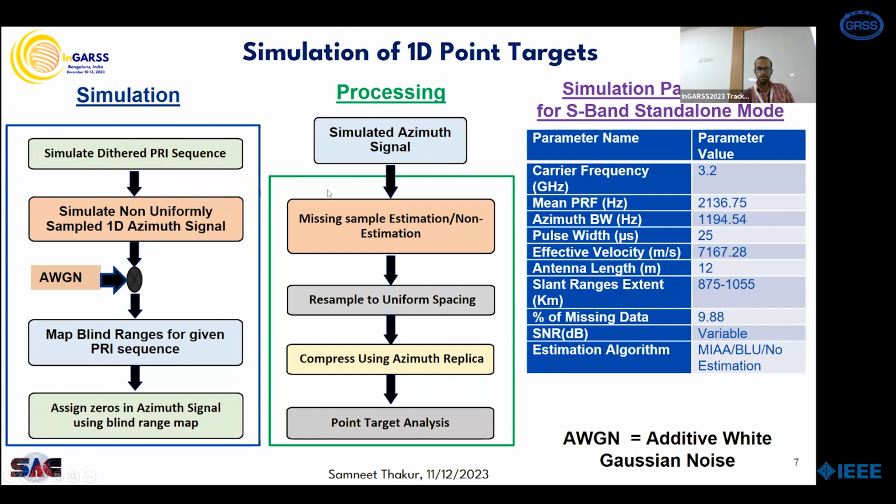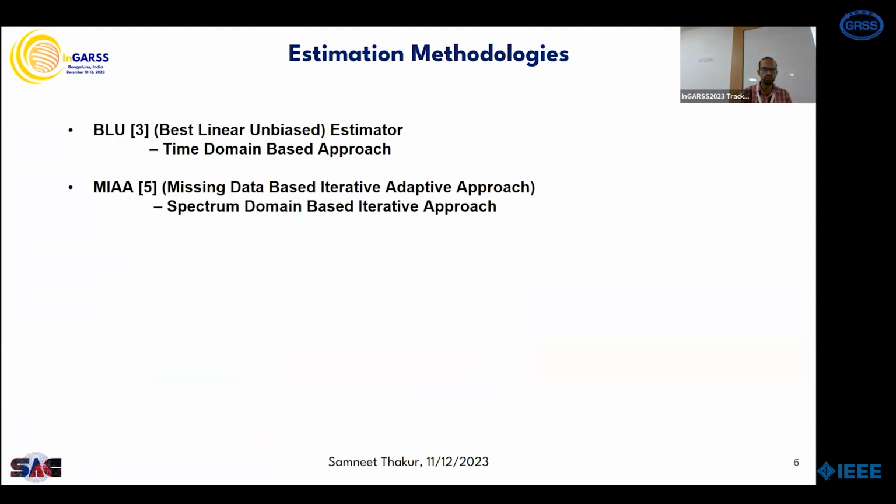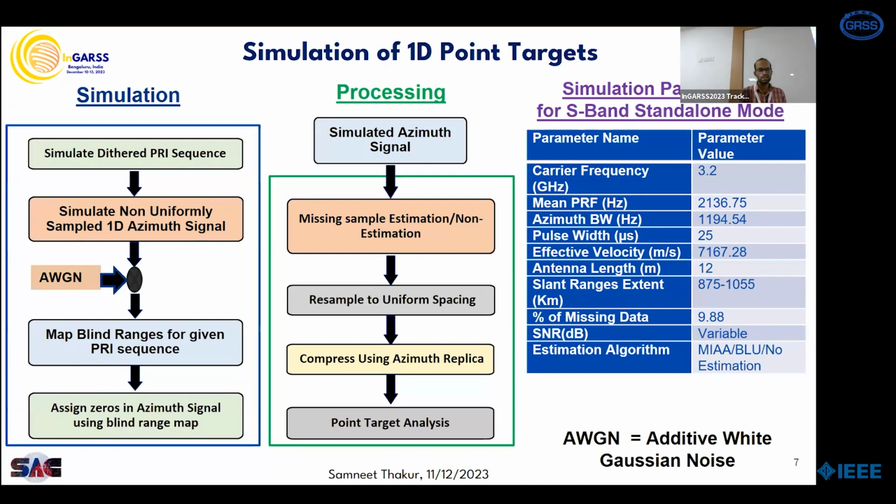Then we applied the estimation methods using these two previous methods. Then we resampled the data to uniform spacing because the data is not uniformly sampled. Then we compressed the data using the azimuth replica, and further point target analysis was performed. During this process, we also added additive white Gaussian noise to the incoming data.